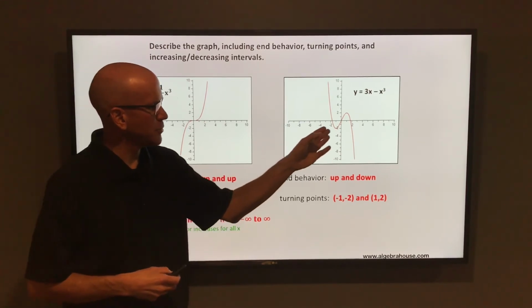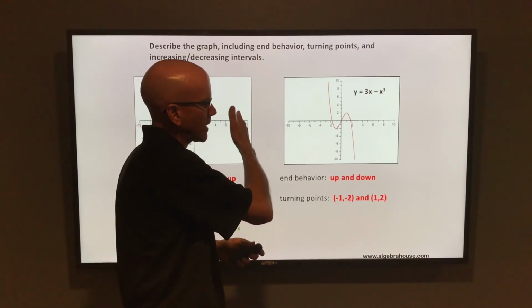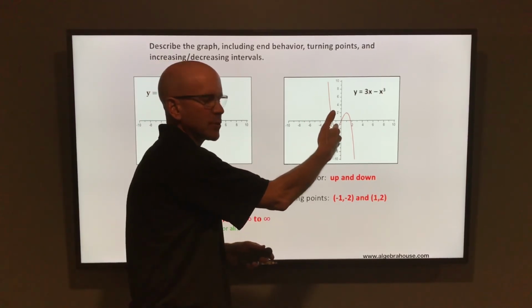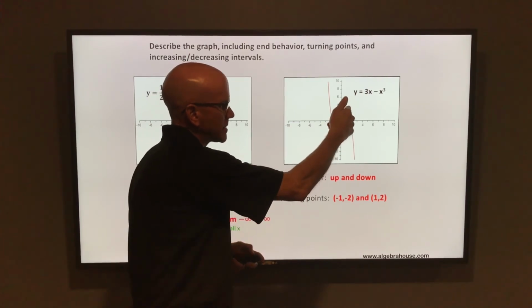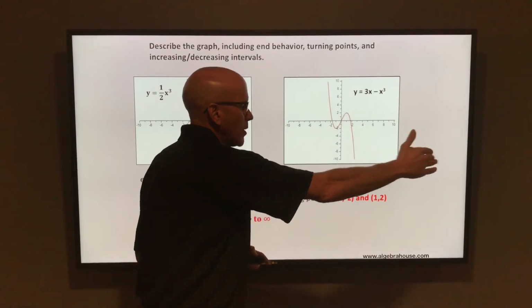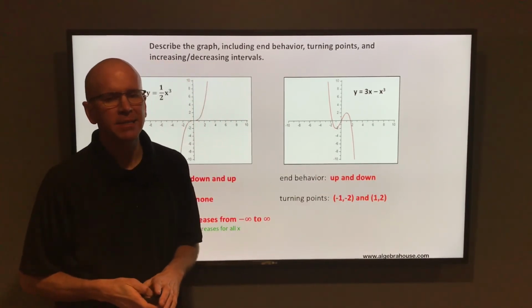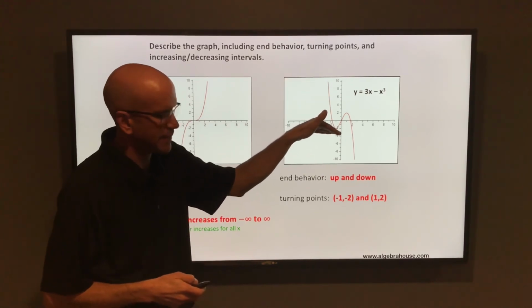And with there being two turning points, that creates three intervals. The first interval is from where x is negative infinity to that first turning point. The second interval is from that first turning point to the second turning point. And the third interval is from that second turning point to where x is positive infinity. So you can say the function is decreasing to that first turning point.